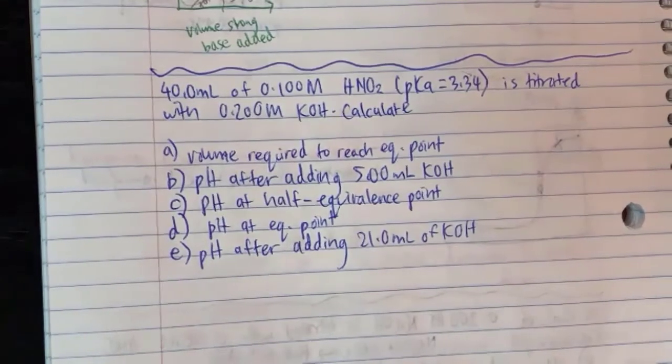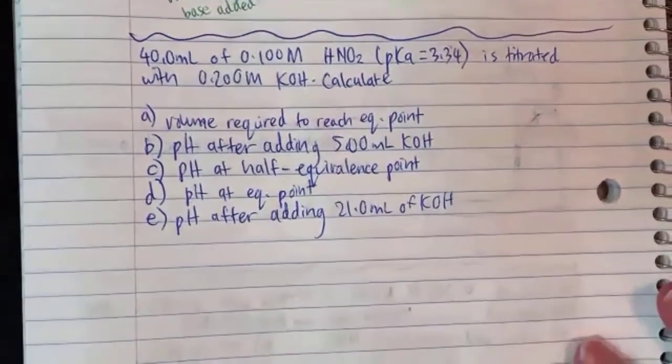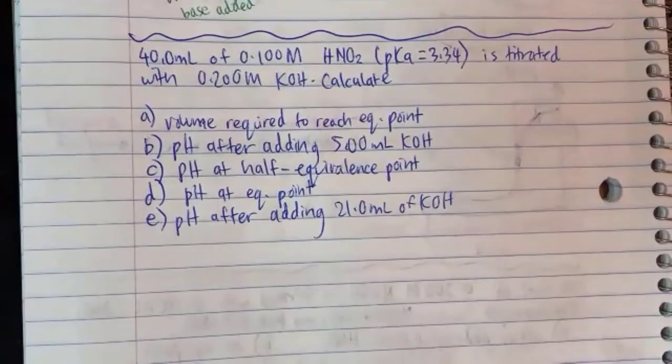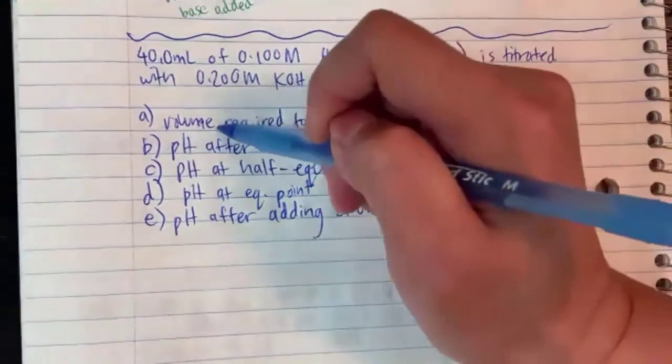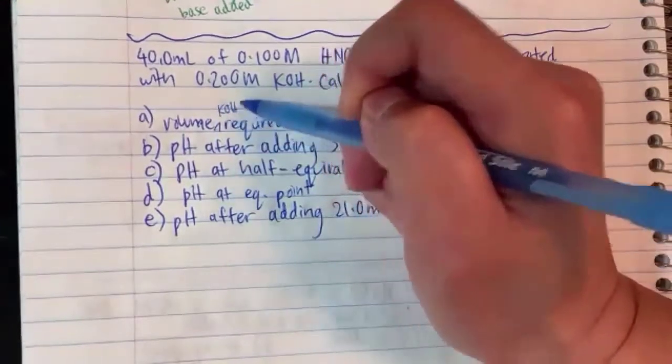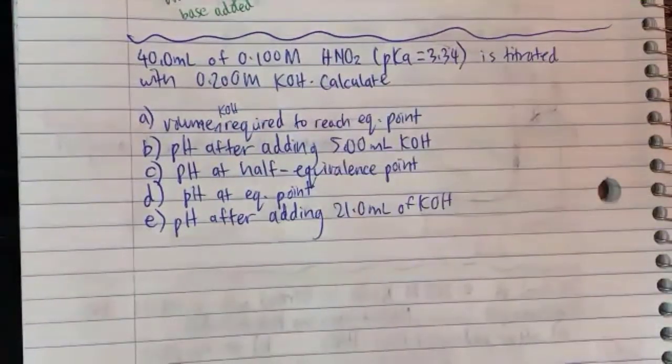All right. So hopefully you guys are done writing. I'll give you a little bit of time. We'll go ahead and process this step by step here. We'll start with A. A says how much volume of KOH, I guess I should write down KOH, is required to reach equivalence point.